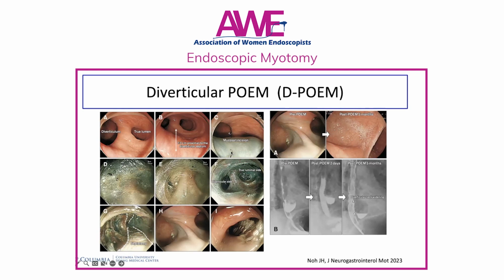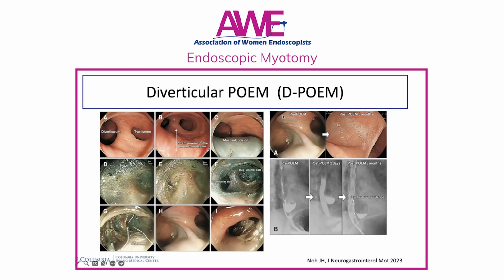Again, the mucosal incision is made proximal to the septum of the diverticulum. The submucosa is dissected out on the diverticular side, as well as the esophageal side, and then the septum itself is cut. And ultimately, the mucosal incision is closed.